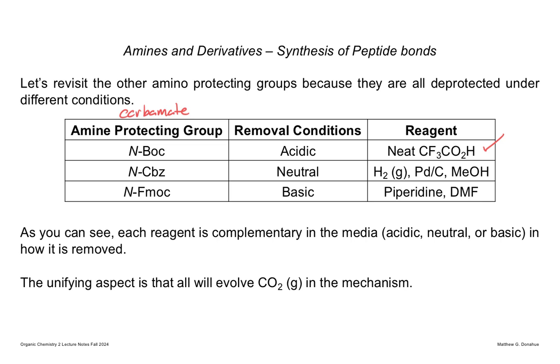The CBZ is removed by hydrogenolysis with H2 gas. And then FMOC is basic conditions with piperidine. So that's a nitrogen base, 6-membered nitrogen base. And so really you tailor your protecting groups ultimately to the sequence you're deploying.